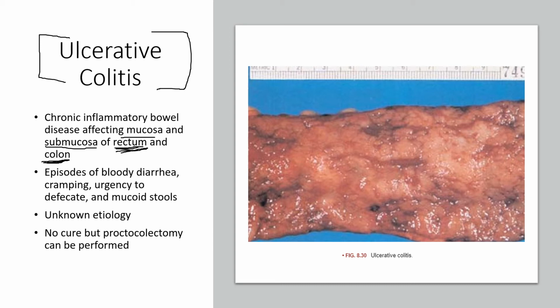The diagnosis is based on clinical symptoms, examining the stool for blood, as well as laboratory values. Again, we don't know why ulcerative colitis occurs, and unfortunately there is no cure, but there is a surgery known as a proctocolectomy, which is the removal of the colon and the rectum.